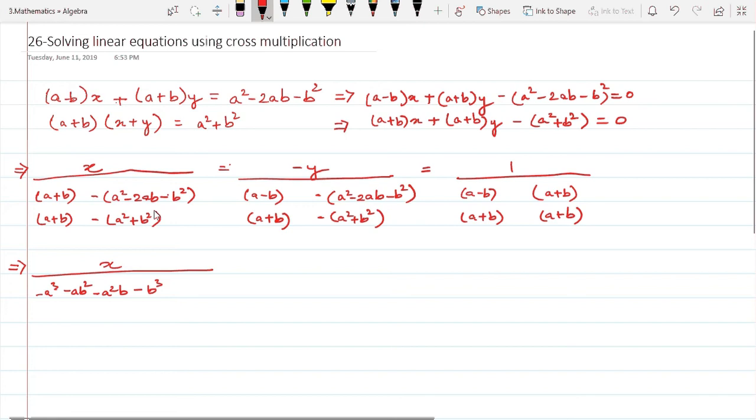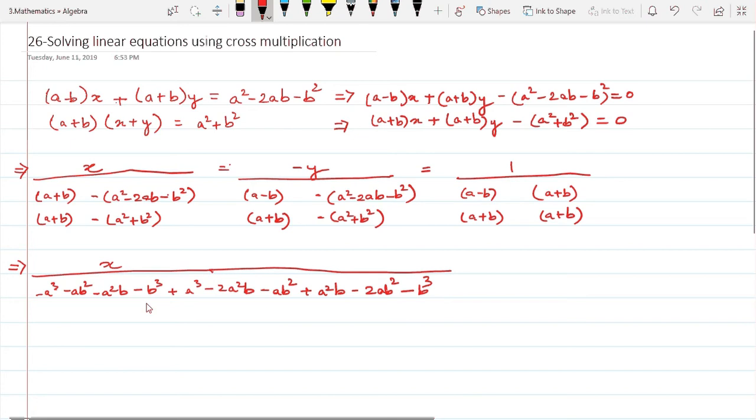Then I open this with a, so I get plus a cube minus 2a square b minus ab square plus a square b minus 2ab square minus b cube. This is what I'm getting, x divided by this.